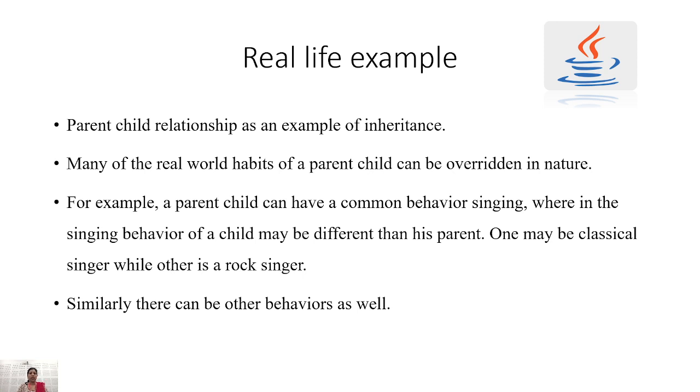So what is a real life example of this? We have the parent and child relationship. This is an example of inheritance. Many of the real world habits of parent and child can be overridden in nature. For example, suppose a parent and child have a common behavior of singing. The parent sings and the child also sings. Then the singing behavior of the child may be different from the parent's.